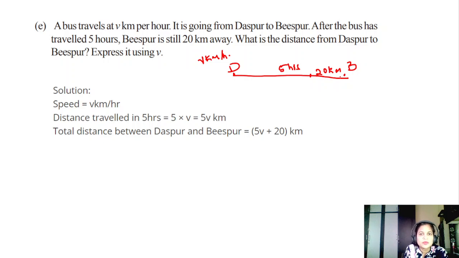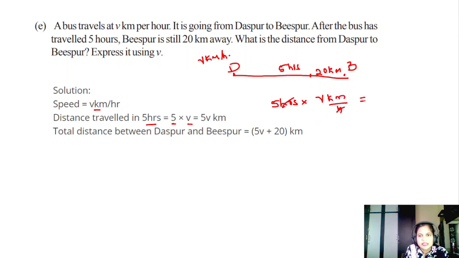What is the distance from Daspur to Bispur? Express it using V as a variable. Speed is V kilometer per hour. Distance traveled in 5 hours is equal to 5 into speed, that is V kilometer per hour. 5 hours into V kilometer per hour.